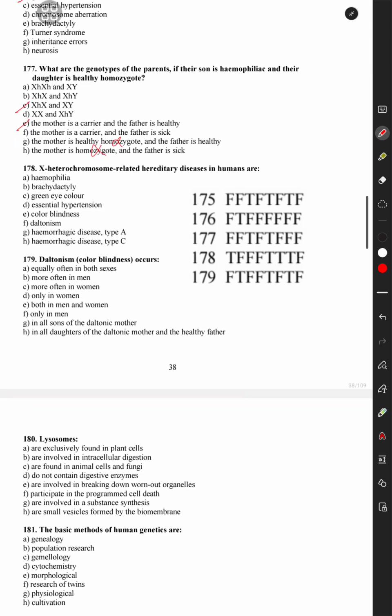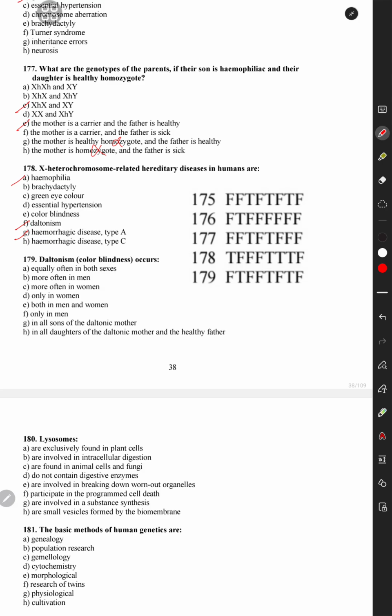Okay. The X heterochromosome related hereditary diseases in humans are hemophilia, daltonism, hemorrhagic disease type A. 178.